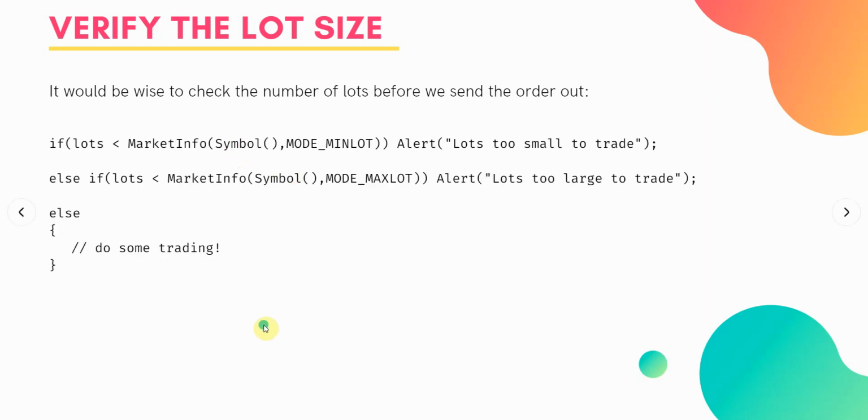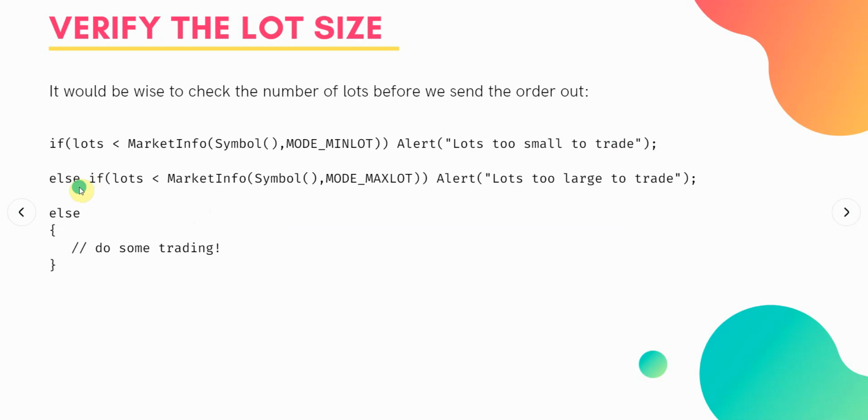So we can use a simple if operator here. We take our calculated lots and check if it is less than the minimum lot. We're using this market info function again, with the current symbol, and we're using the min lot, so the minimum lots that can be traded on that symbol. If it is less than that, we'll raise an alert that says lots too small to trade.